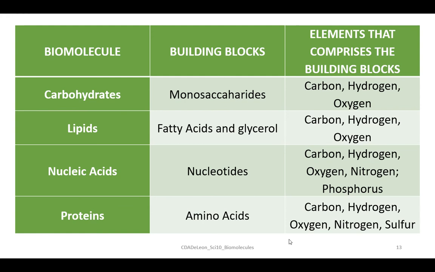Lipids, with the building blocks of fatty acids and glycerol, are composed of carbon, hydrogen, and oxygen. Nucleic acids, with the building blocks of nucleotides, are composed of carbon, hydrogen, oxygen, nitrogen, and phosphorus. And proteins, which have building blocks of amino acids, are composed of carbon, hydrogen, oxygen, nitrogen, and sulfur.